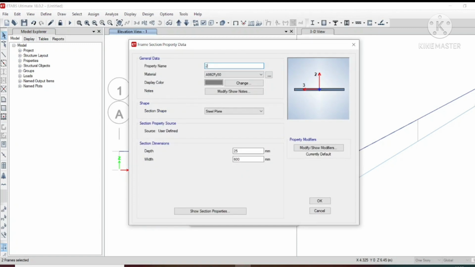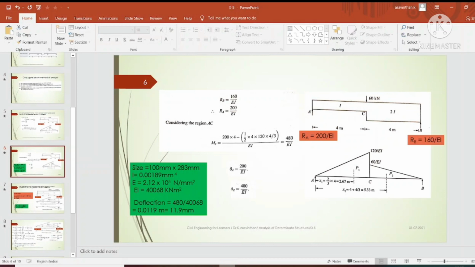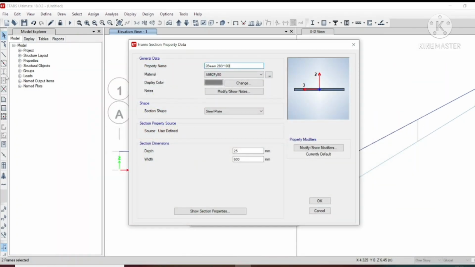I am giving the beam 283 by 100. The depth will be 283 and it will be 100 here.